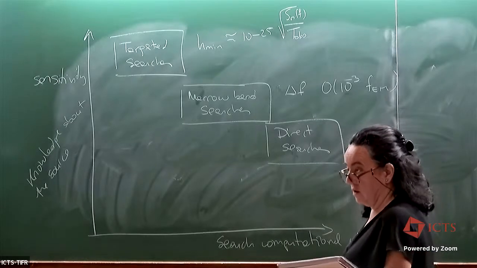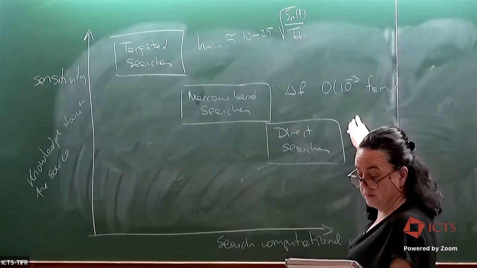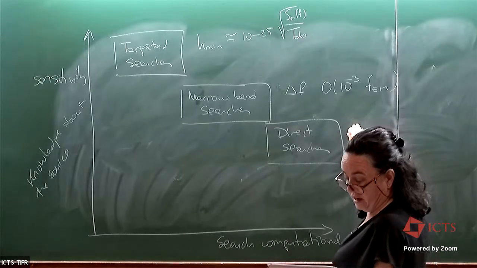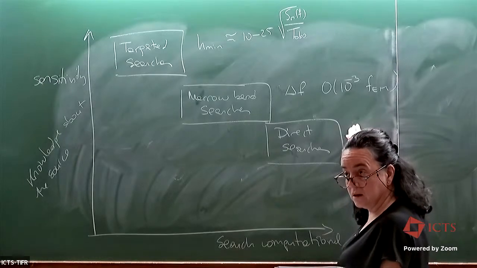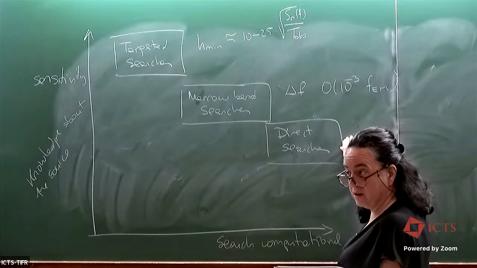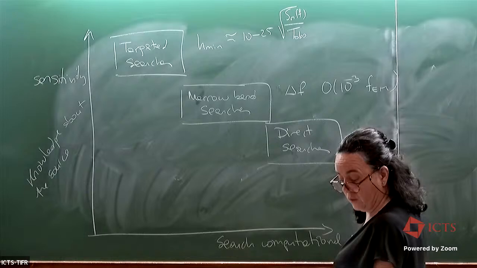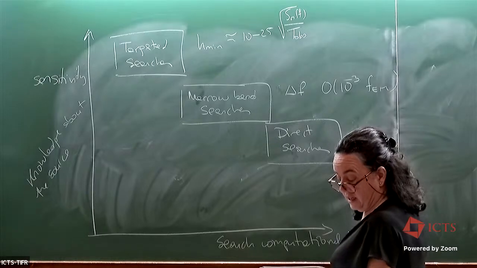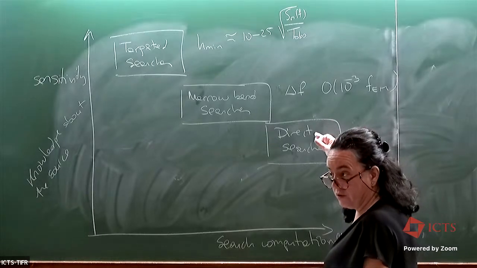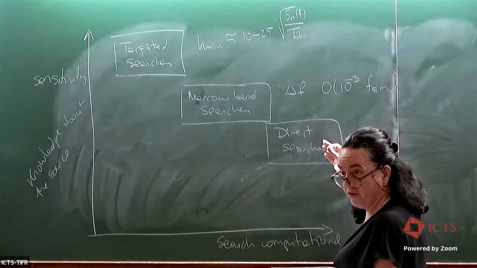Targets could be supernova remnants. Another target could be the galactic center. Other targets could be the low mass X-ray binaries, like Scorpius X-1. And basically, any search for neutron stars for which we don't have ephemeris.